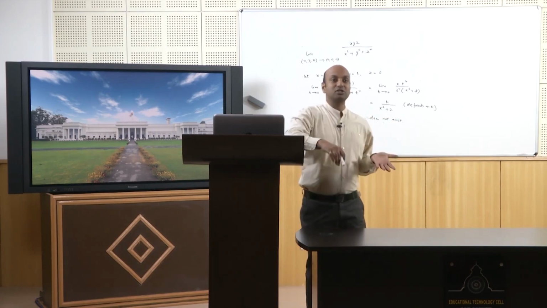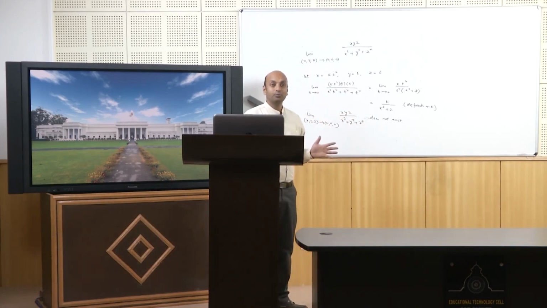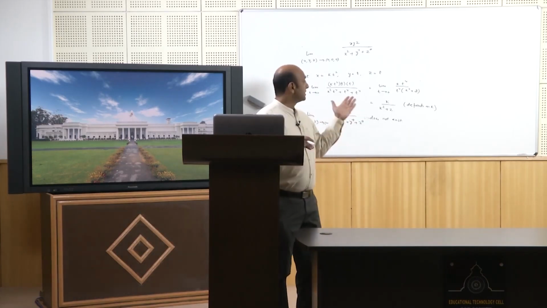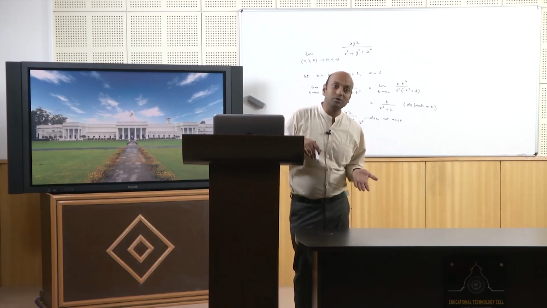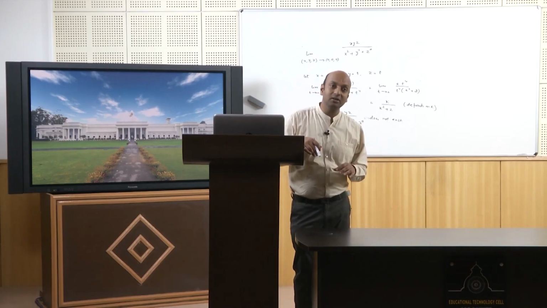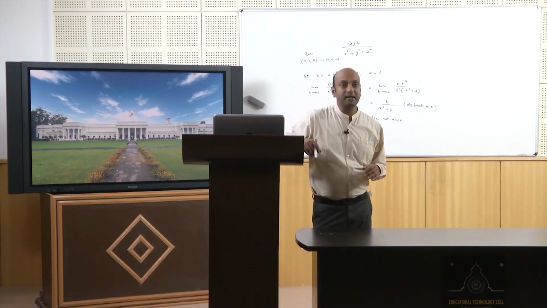To show that the limit does not exist, we can use two different paths and show the values of the limit come out different, or we can try to show that it is path dependent.